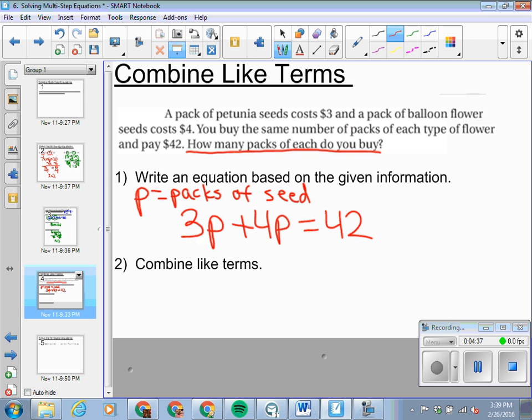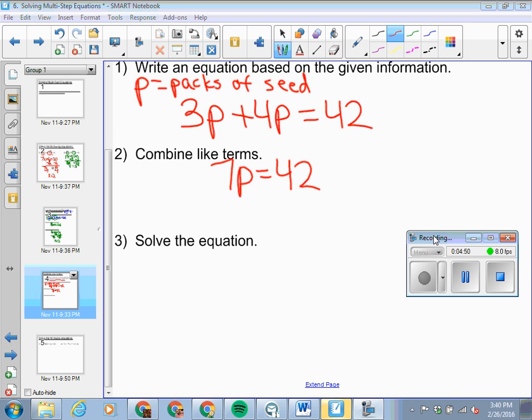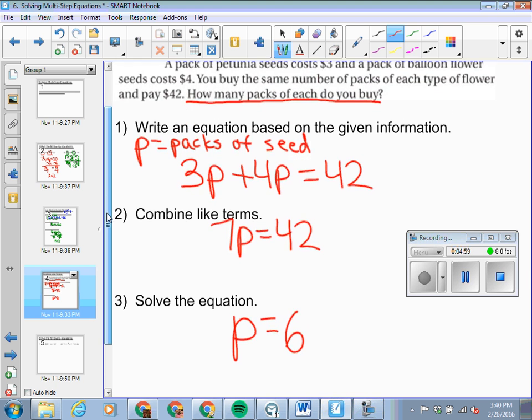So 3p and 4p gives us 7p. And then we go ahead and we solve the problem. We bought 6 packs of each type of seed.